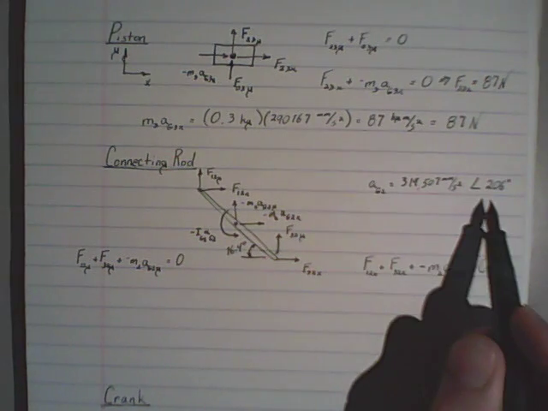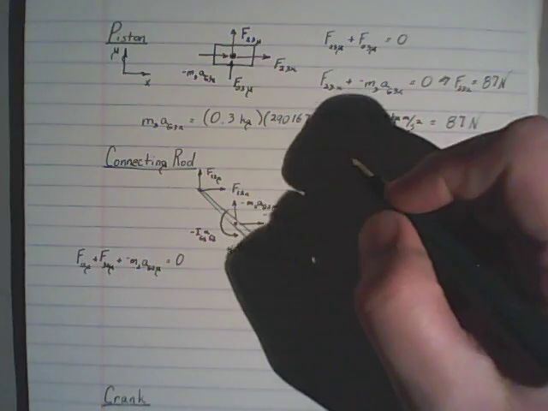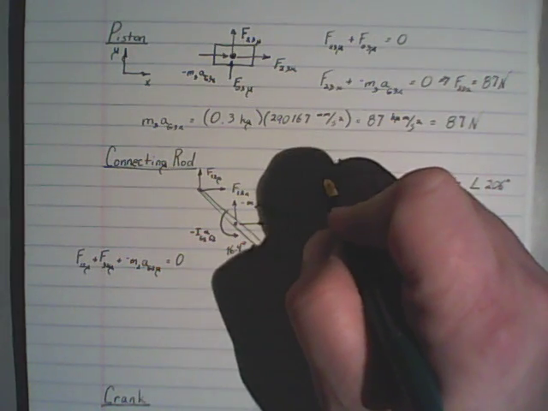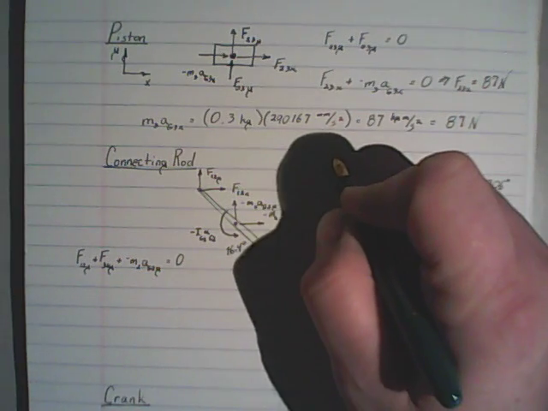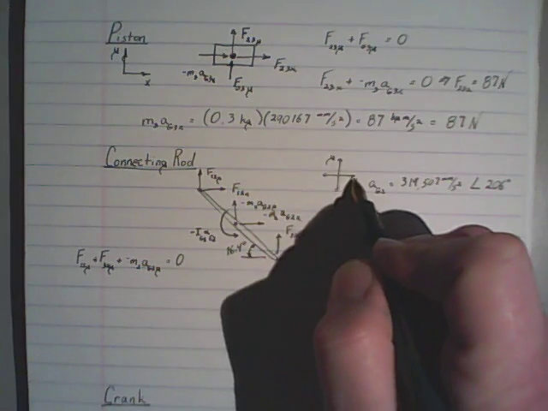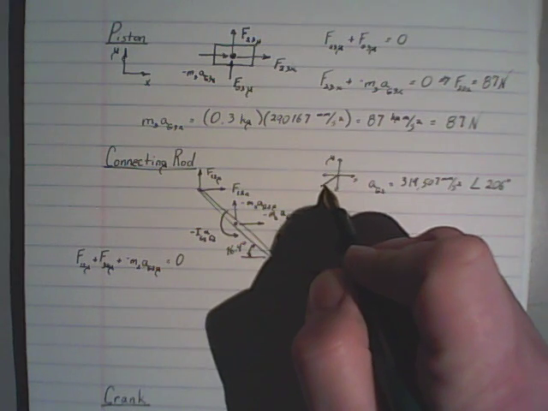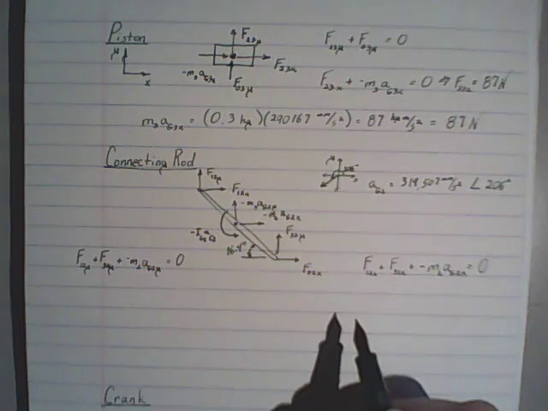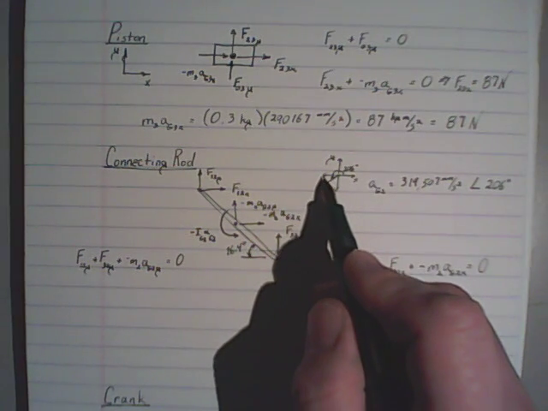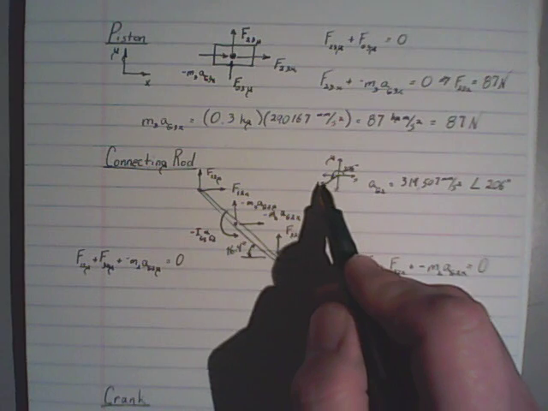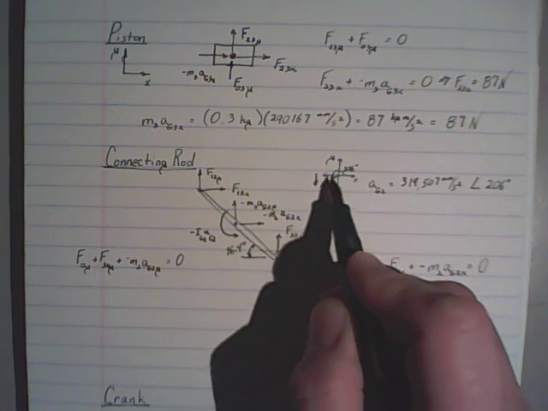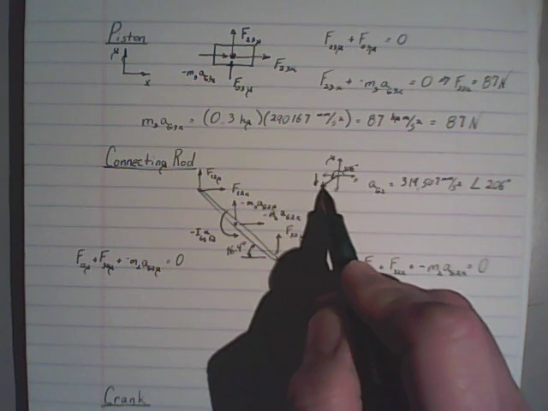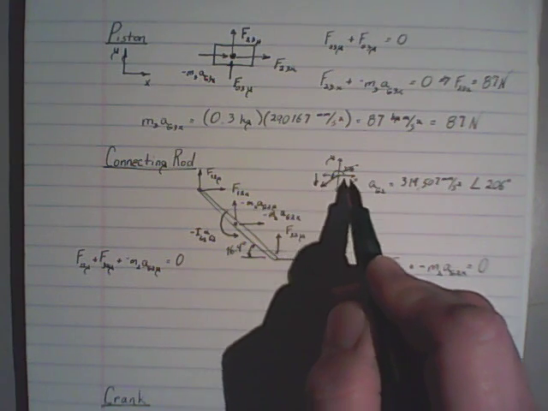First off, for a_g2, this is an angle of 206 degrees. So if I draw my coordinate system, x and y, this vector is going down like this at an angle of 206 degrees. So the y portion will be negative, down like this, and it can be determined by calculating the length of this y vector based on the overall vector and the angle.